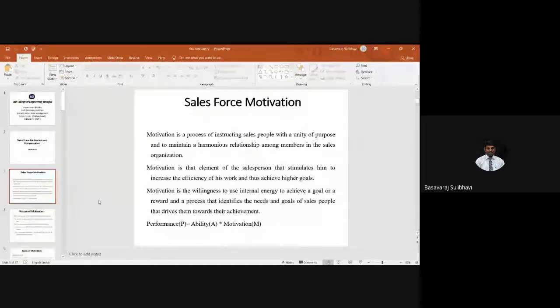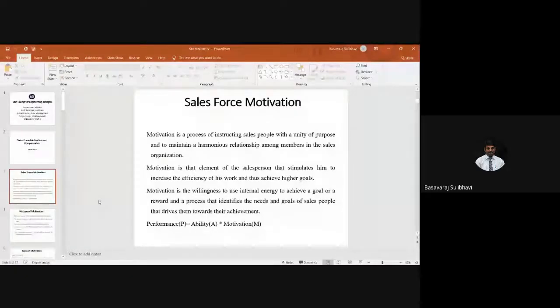So how best are you going to reach the target set by the organization, or maybe a sales head, that can be seen in the desire for a salesperson to achieve more and more on the sales job, right?